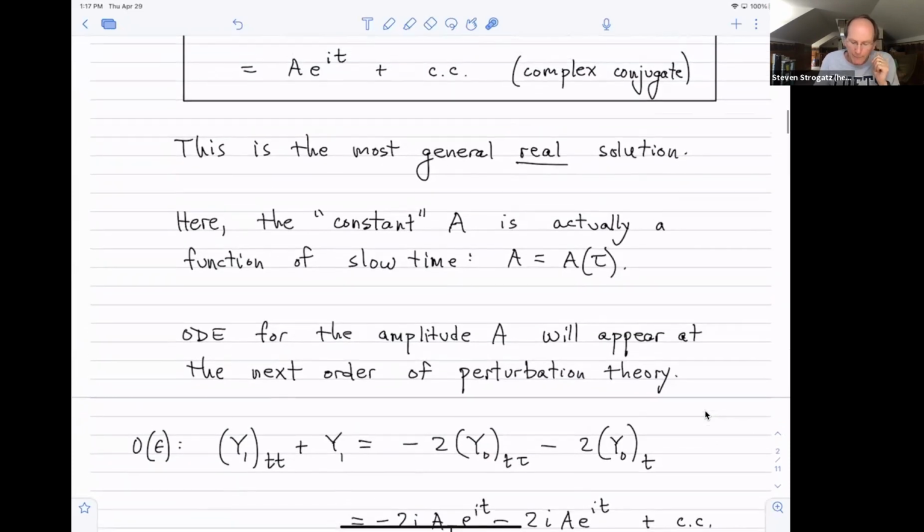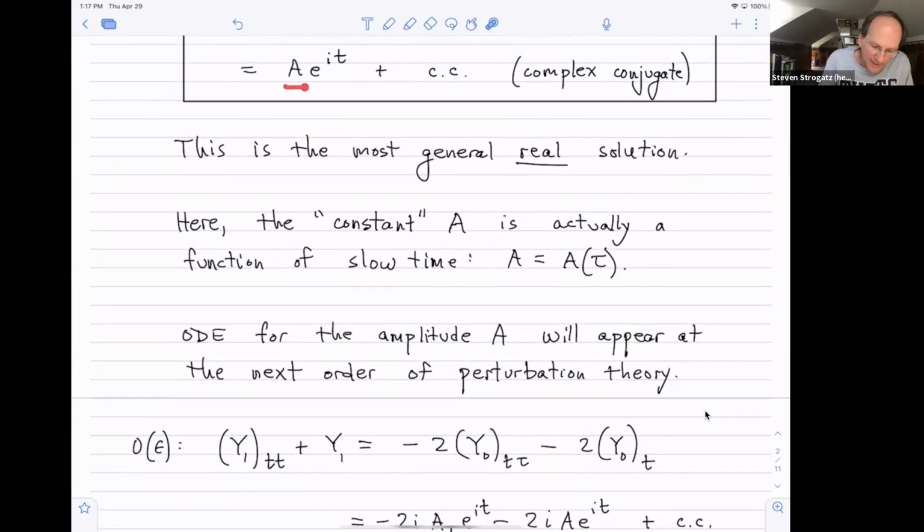So this is where it's advantageous actually to write A e to the it plus complex conjugate. You only have to do half as much writing if you do things this way. So like here, I take the A e to the it term, I take its t derivative and its tau derivative.